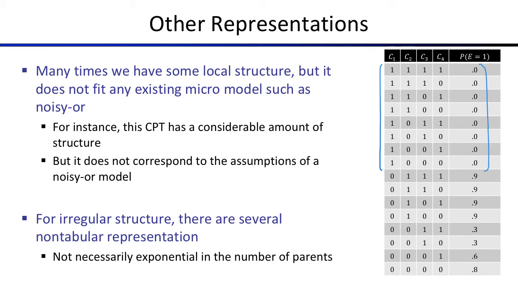For all the other variables, like when C2 is 1, the probability is 0.9, and it is independent of C3, because C3 can be 1 or 0 here. It doesn't change. So we see that there is structure, but it's not what we expected with the noisy OR. So we need to use something else, something different, and let's see a few possibilities.